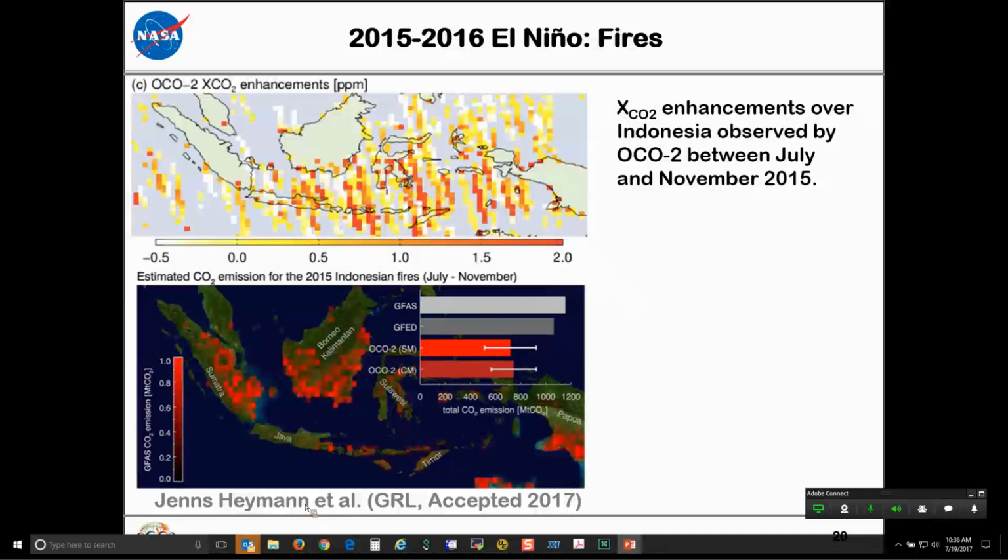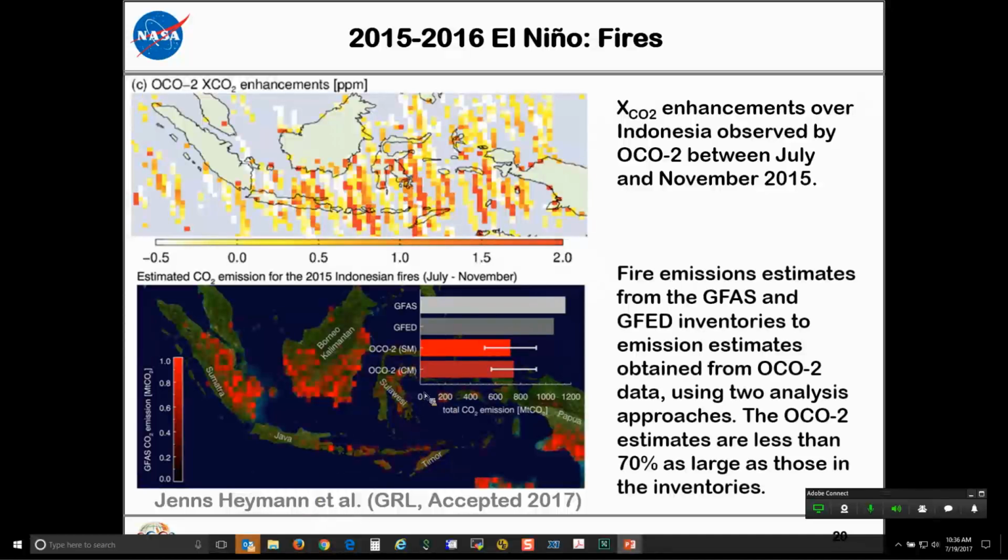We found a very interesting thing, and Jens Heimann led this work. He basically found that the fires weren't emitting as much CO2 as we thought, only about 70% as much as the inventories had indicated. In this last period, these fires were nowhere near as bad as the ones in 1998 during that El Nino.